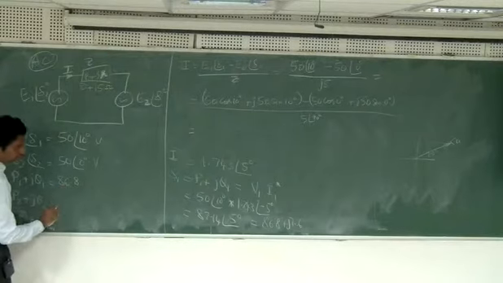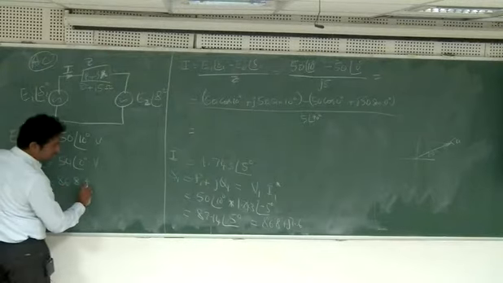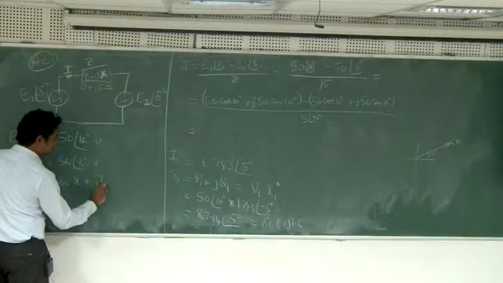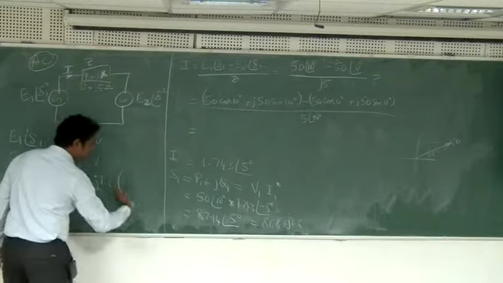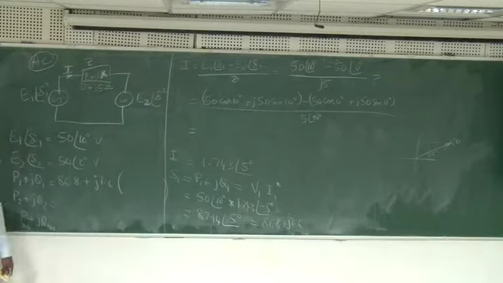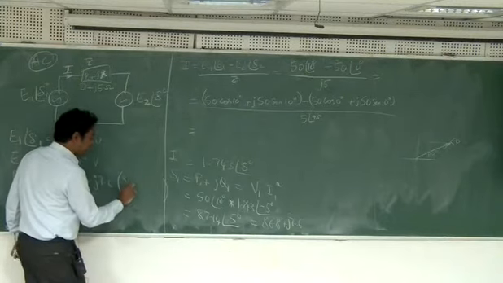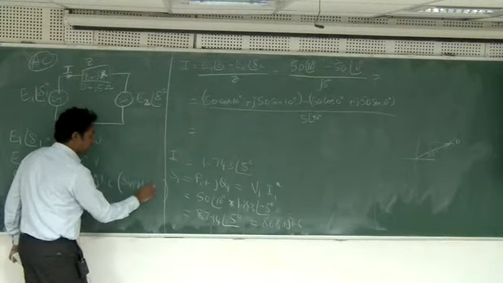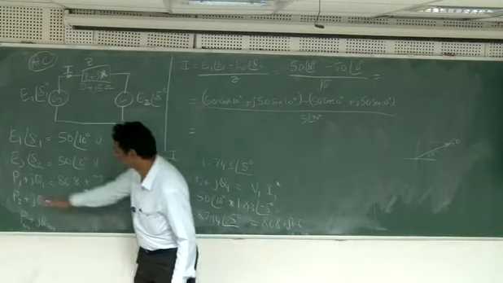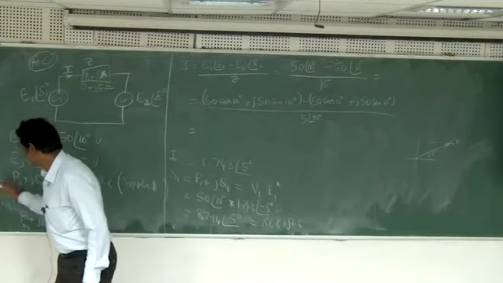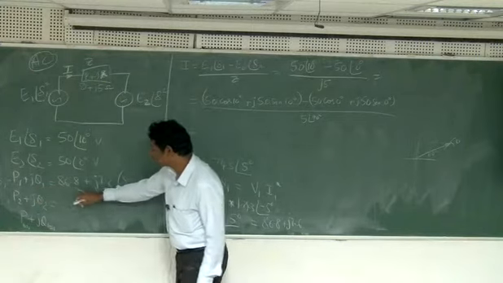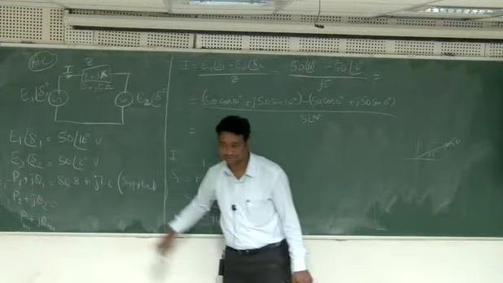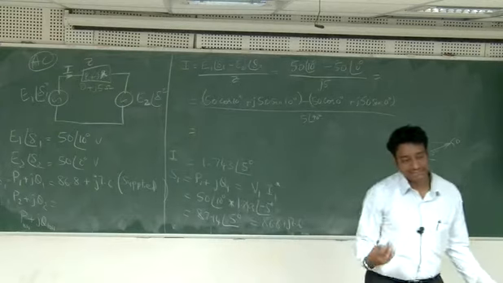So I'll write it here, 86.8 plus j7.6. Now it is very important, just pay attention here. I'm just writing supplied. That means the first source S1 is supplying 86.8 watts and 7.6 vars. Why am I saying supplying?